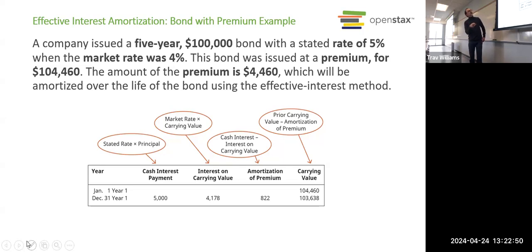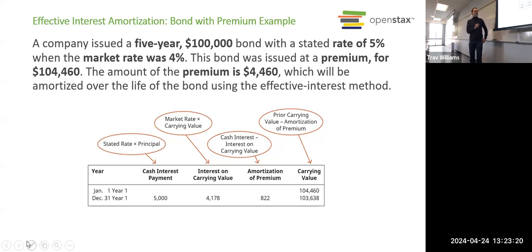In this case, it's 100,000 times the annual interest rate. And that's how much interest you're going to pay out per year. Again, this is annual interest payments to keep it nice and simple. If it were quarterly or semi-annual, then we'd have to break it up, but we'll just keep it simple. So face amount times the annual interest rate. That's the amount we actually have to pay the investors.